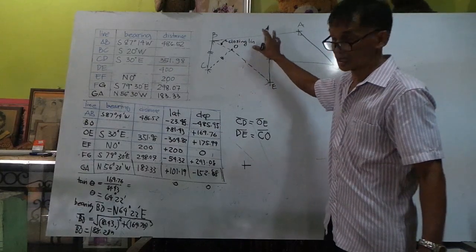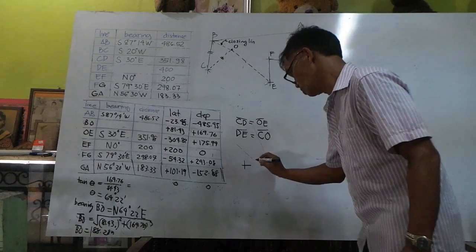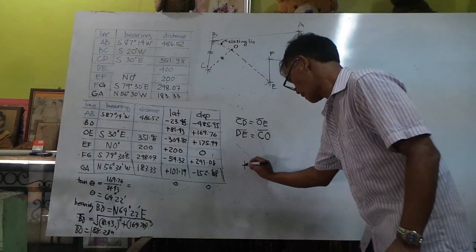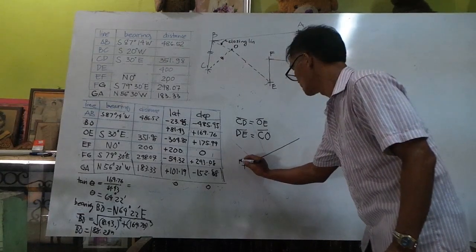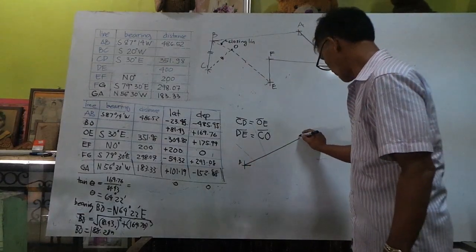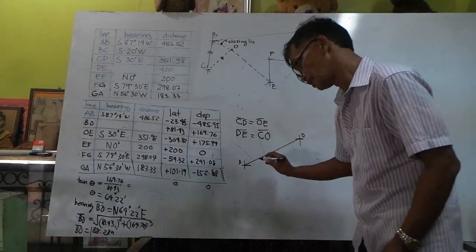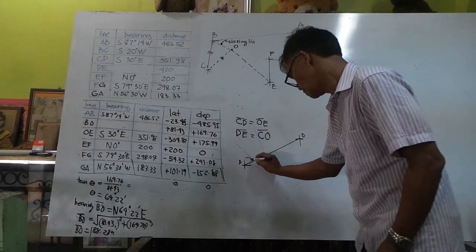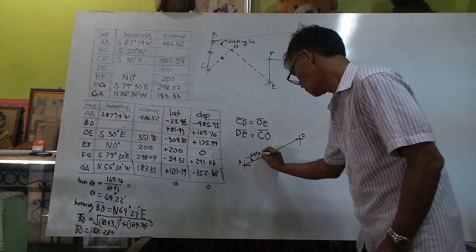The drawing is not accurate; actually, our BO is going upward. So this is B, then this is O. The bearing is 64 degrees and 22 minutes.